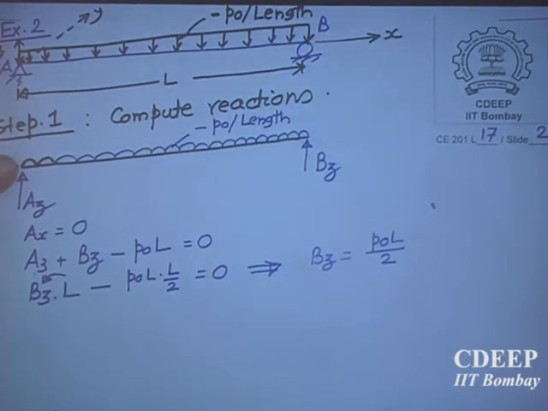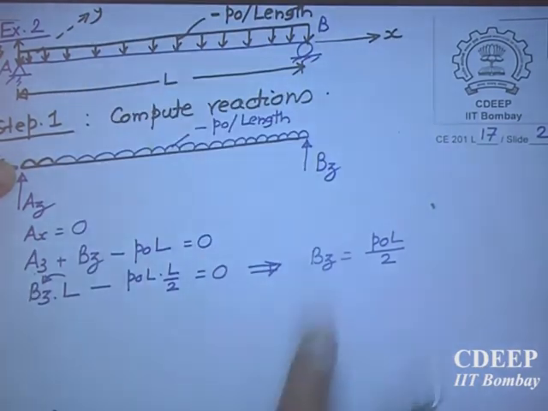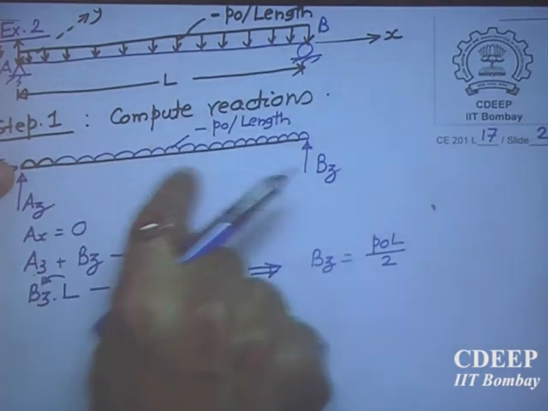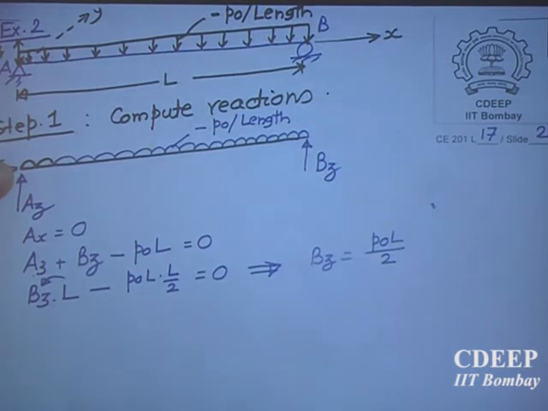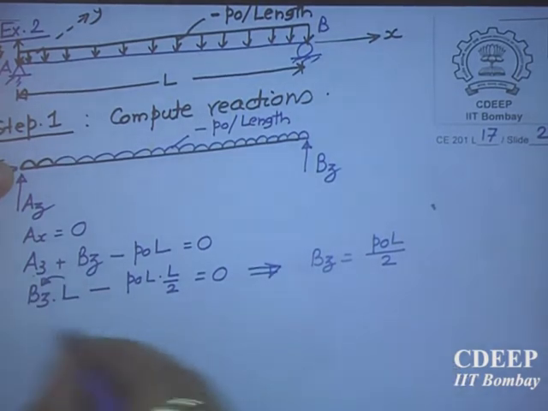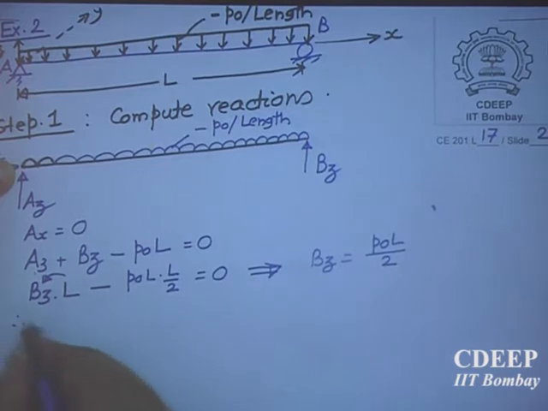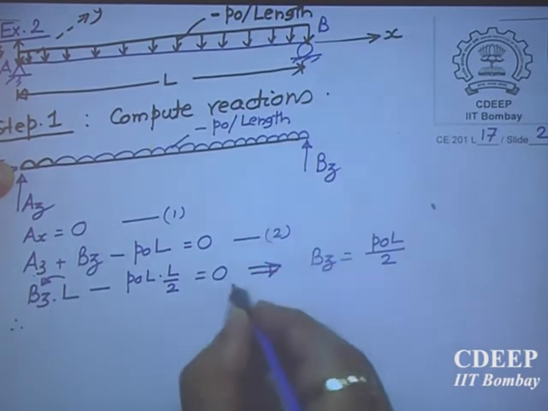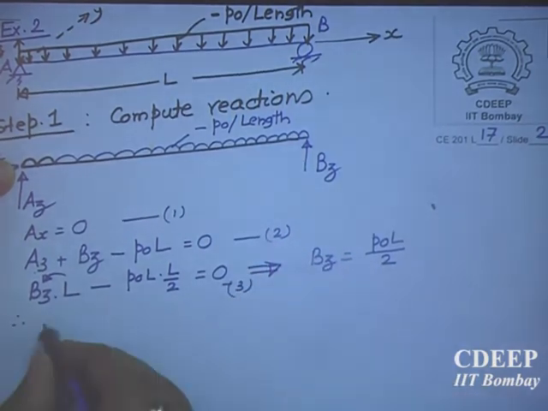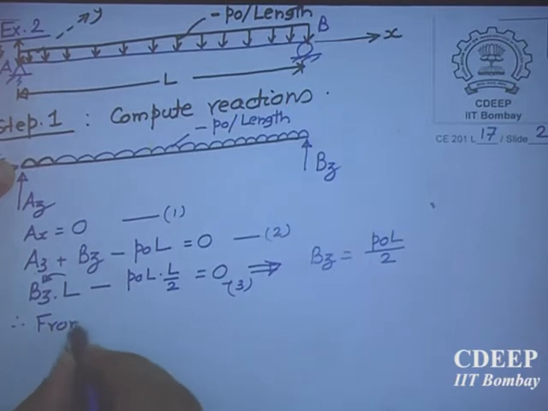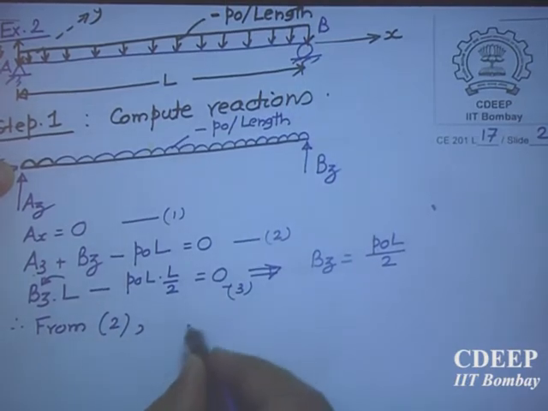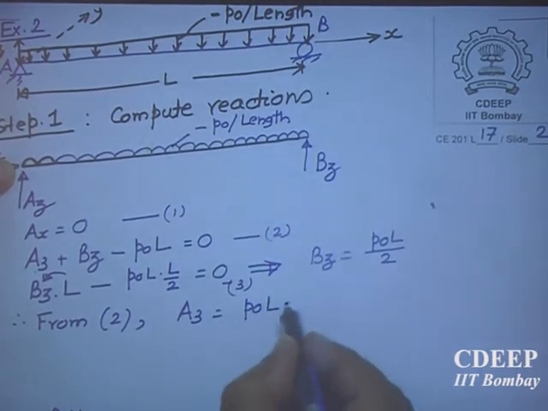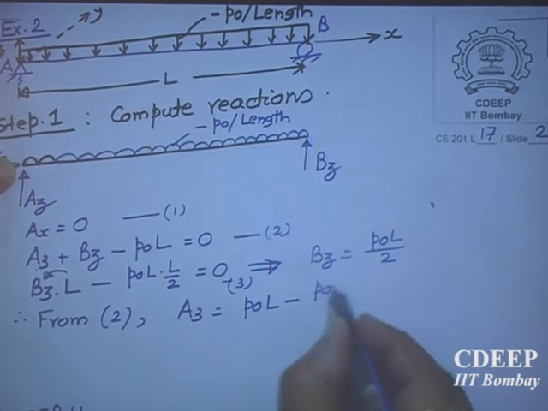It has to be positive, because if the load is downwards, the reaction has to be upwards. From equation 2, Az equals P naught L minus Bz, that is P naught L by 2.